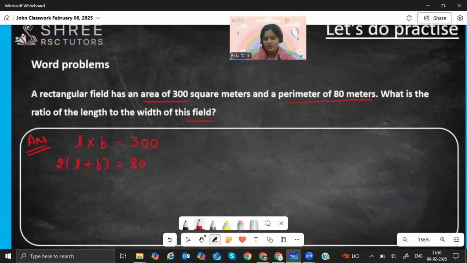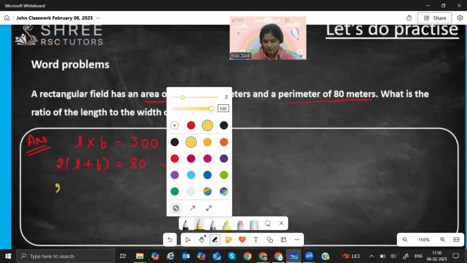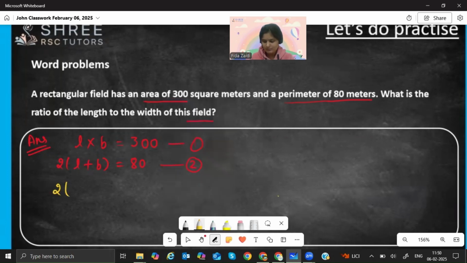Now we have two equations, 1 and 2. So first we will solve equation 2. 2 into L plus B is equals to 80. Then multiply 2 into L, we are opening the bracket, and 2 into B. So 2L plus 2B equals to 80.